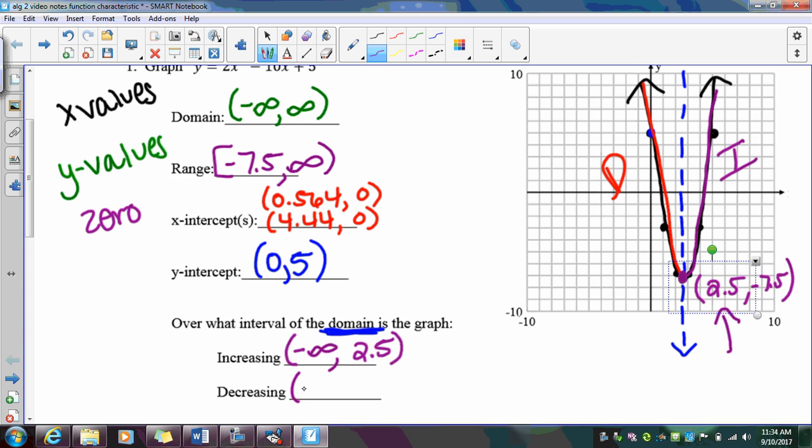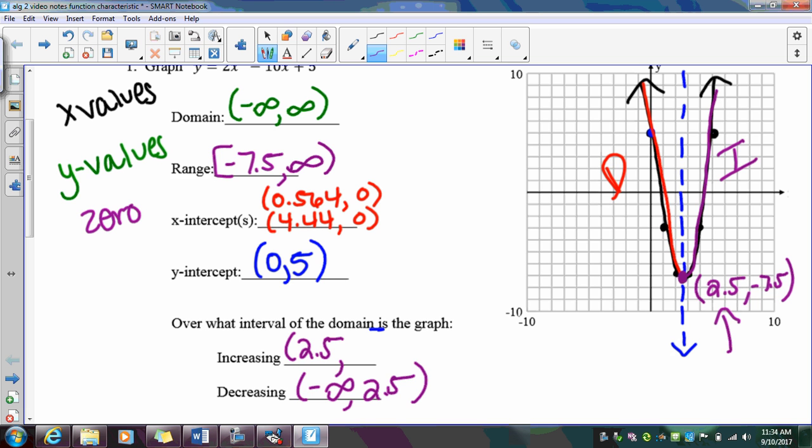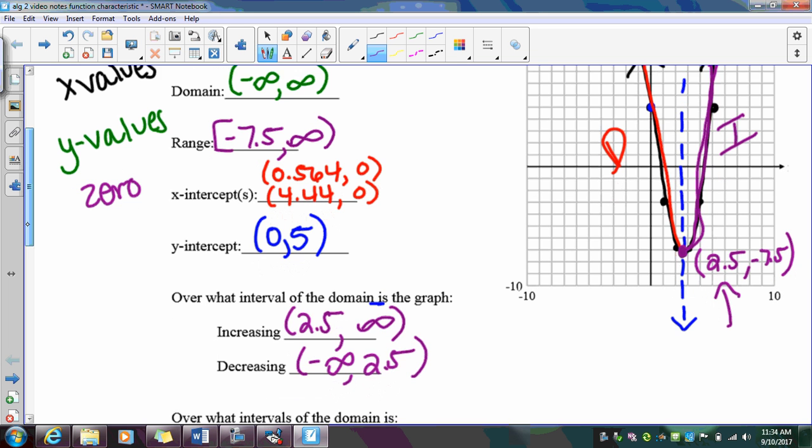And then once it hits that, sorry, that's backwards. That's the decreasing section. Fix that. Decreasing from negative infinity to 2.5. It's increasing once I hit that 2.5, and that's increasing forever and ever up towards infinity.